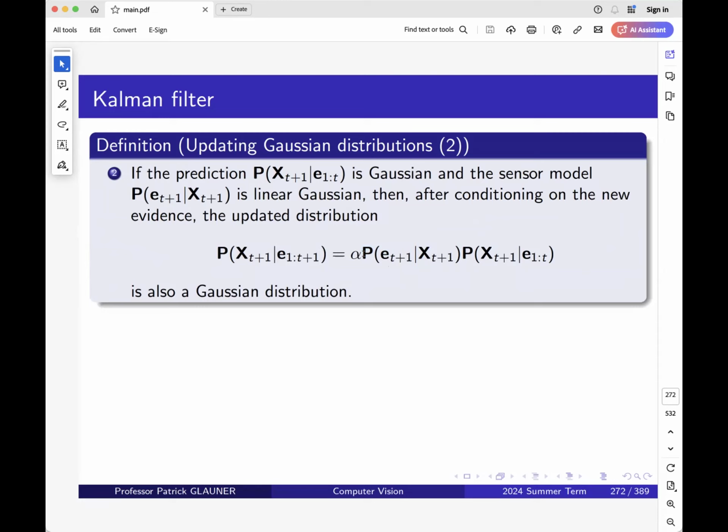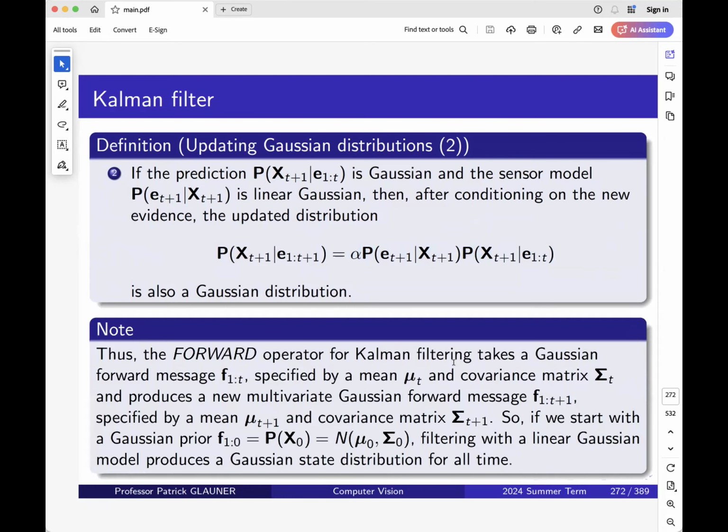So this is the sensor model, which is linear Gaussian, times the probability of xt plus 1 given the evidence. And this is Gaussian. This is just a consequence of these general equations we have derived before. And these are unnormalized probabilities because all of this is a consequence of the Bayes rule, as we saw before. That's why it's unnormalized, but eventually it's also a Gaussian distribution.